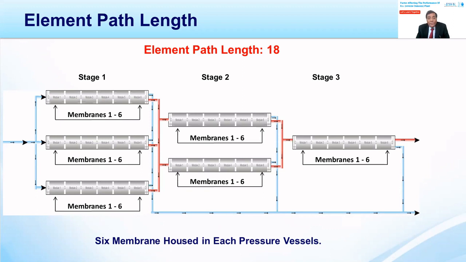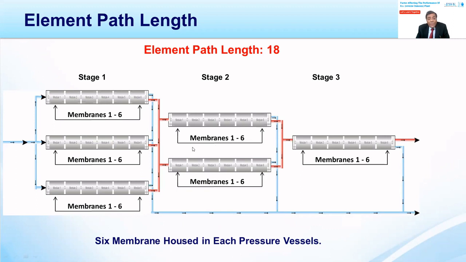From an individual membrane, we can have a recovery of only up to 10 to 15%. It is not possible to get high recoveries with low path lengths. With 3 stages, we can have a recovery with low TDS up to 95 to 99%.